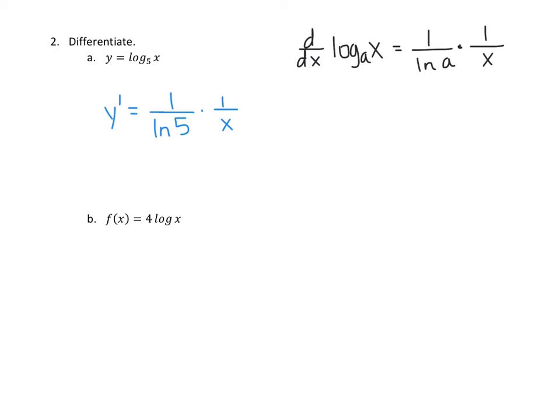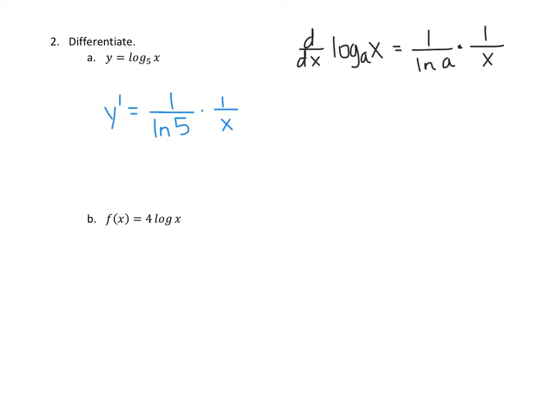In the next example, we have the function f of x equal to 4 times log of x. In this case, we're looking at the common log, where the base is 10. Recall that when there's no subscript indicated, we assume it is base 10, the common logarithm.